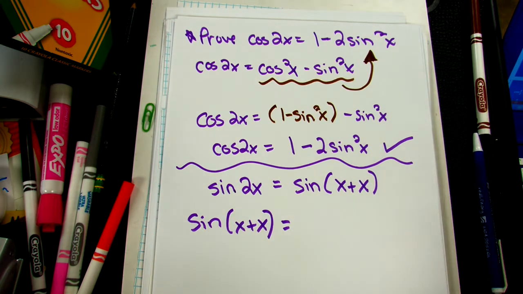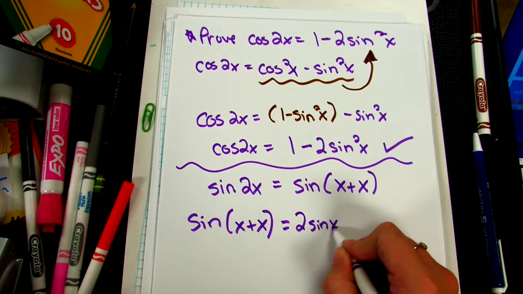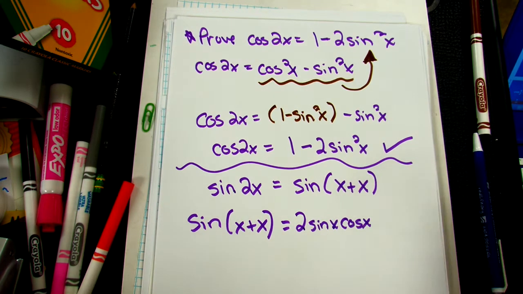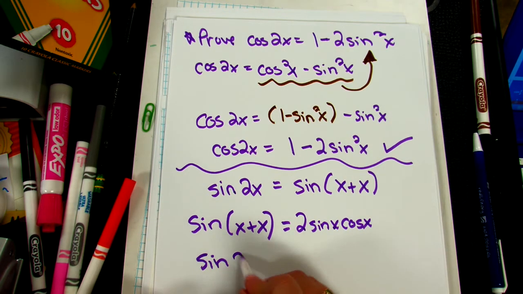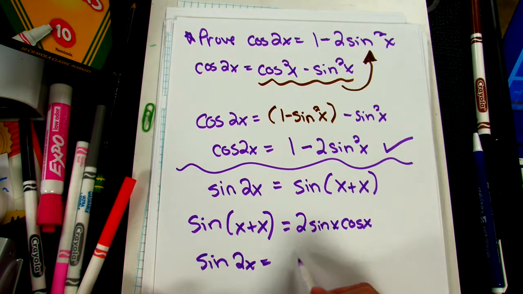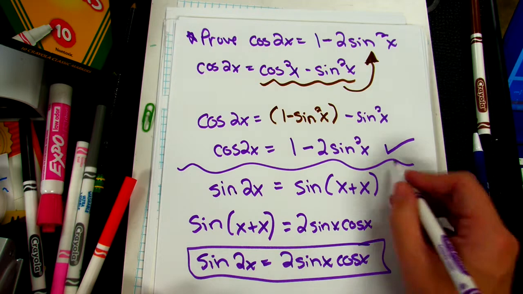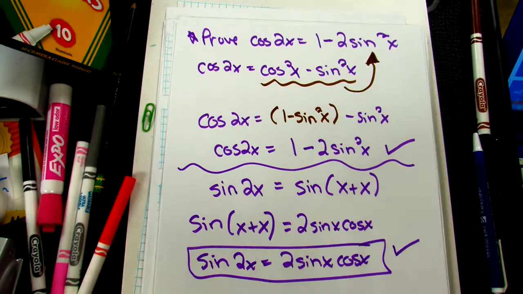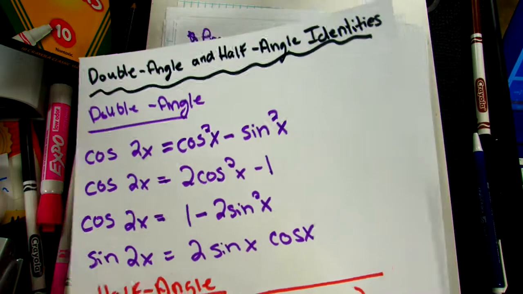So we use the sine sum, which gives 2 sine x cosine x. Again, we don't have x's and y's. x plus x gives us 2x, and we end up with sine of 2x equals 2 sine x cosine x, which is what we wanted to prove because that was our last double angle identity.